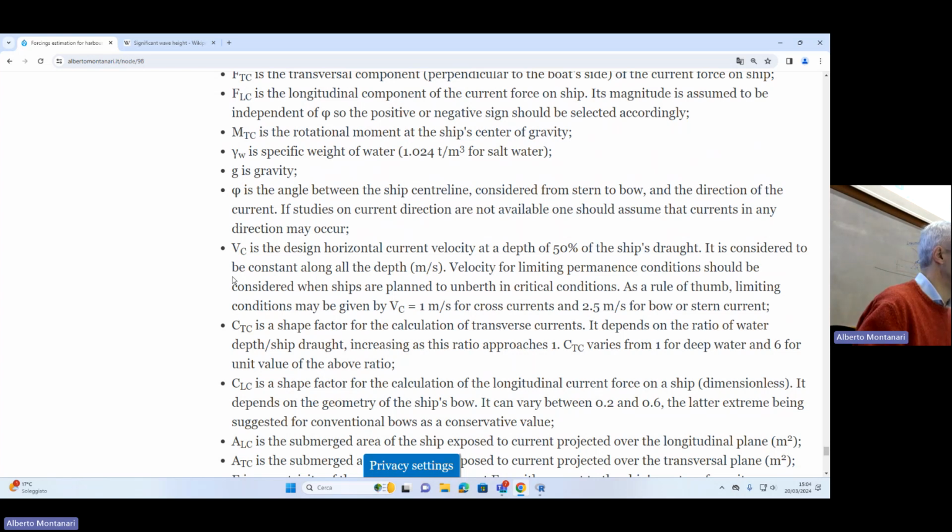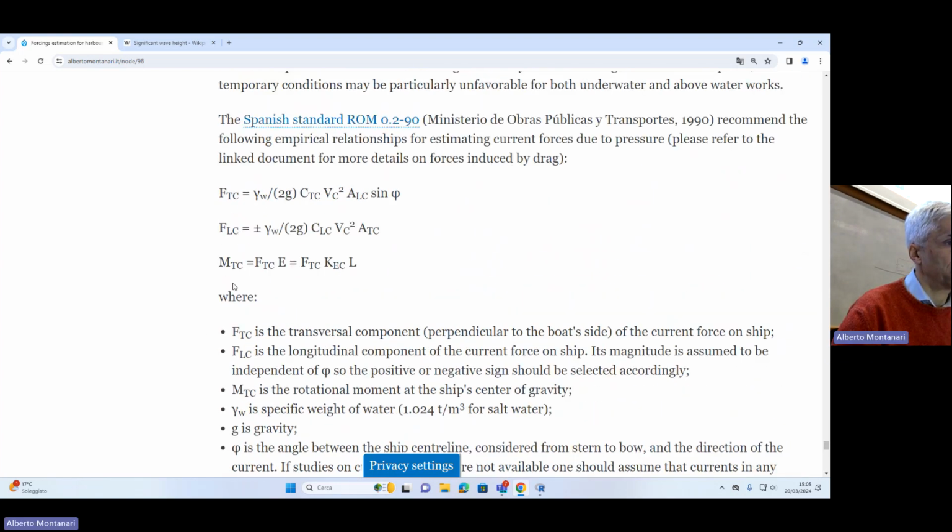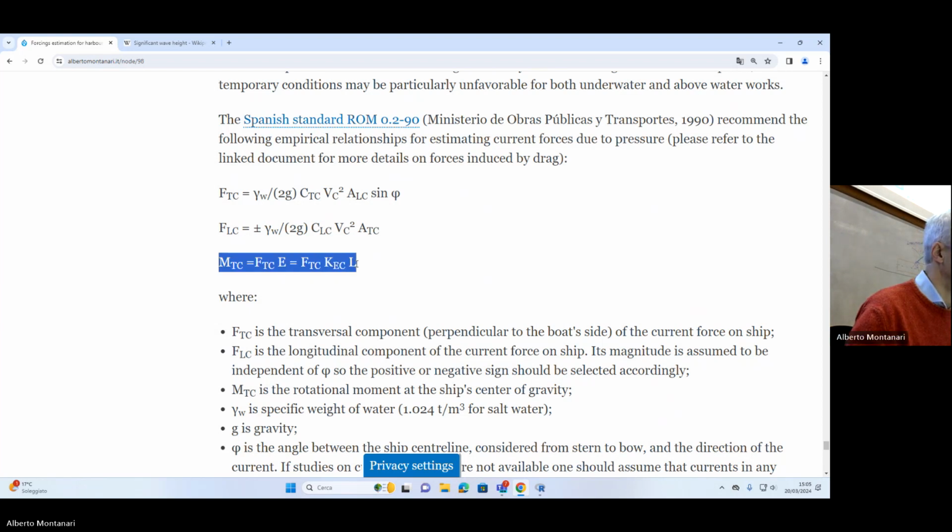These are quite strong currents, but keep in mind that in some cases you may indeed get strong currents, also in canals and into harbors, where you have inflow of rivers, you may get some relevant currents. So once again, these formulas, you don't need to remember them. Just remember the concept, and remember that in this case, we also consider rotation.